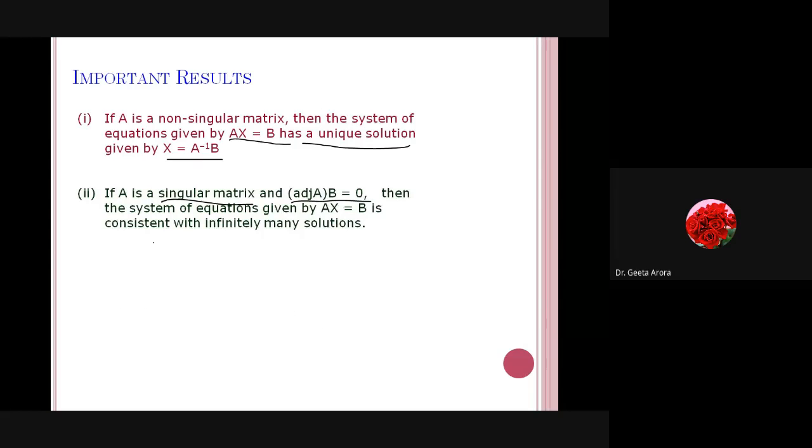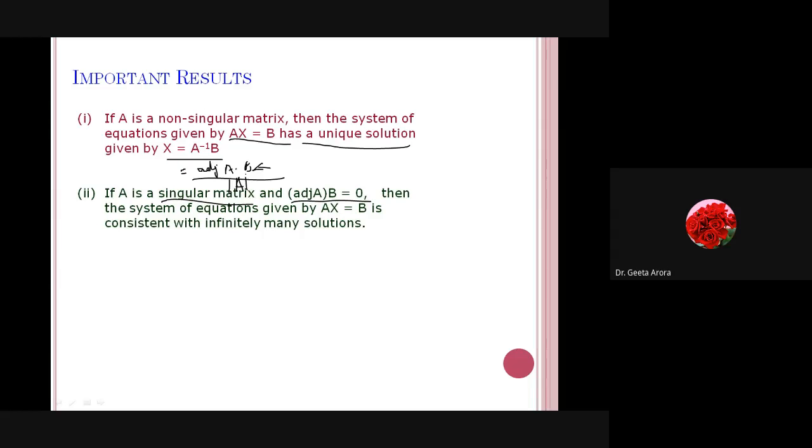Here we said that if A is a singular matrix, let me write down here for clarity, because here we have already X equal to A inverse B. So let me write down adjoint A into B, because A inverse can be written like this. If A is a singular matrix, then obviously determinant of A is 0, and this is also 0, meaning we are getting 0 by 0.